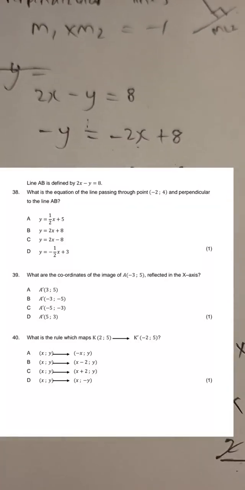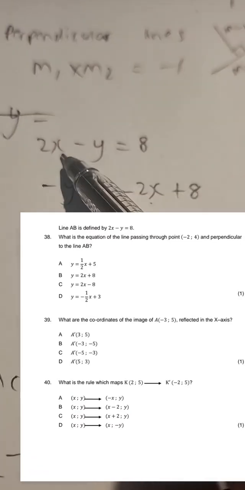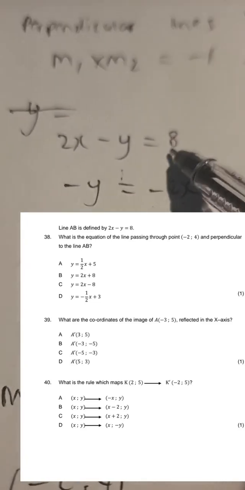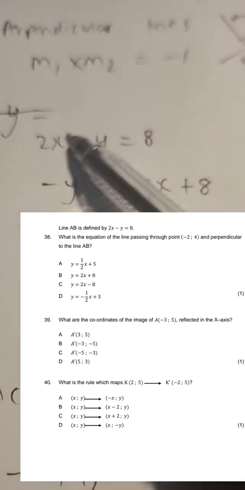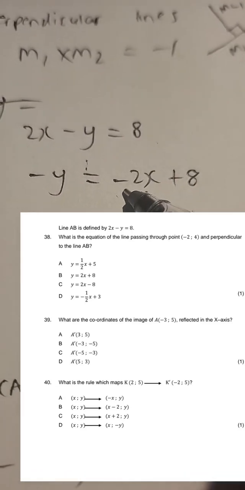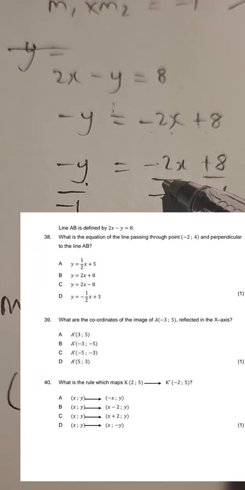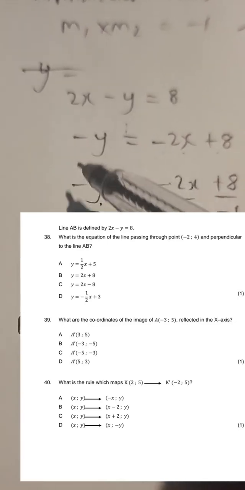To find the gradient of a line when given the equation, you must write the equation in standard form. Here 2x minus y is equal to 8. You isolate -y, you transpose the 2x, so it becomes -y = -2x + 8. Then you divide both sides by the coefficient of y, which is -1.